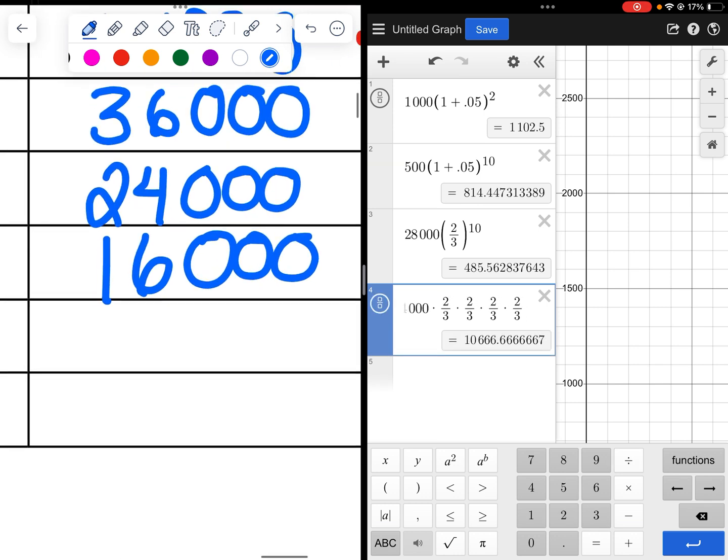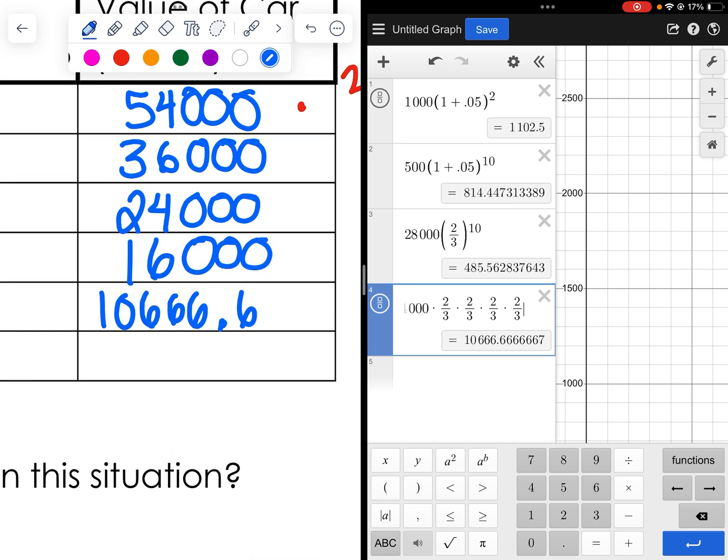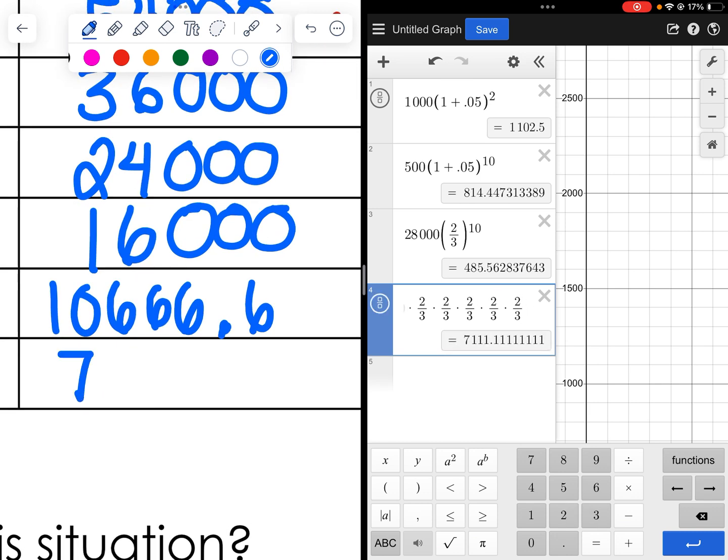Start getting decimals here. 10,666.6. That works for me. Times 2/3 again. 7,111.1.